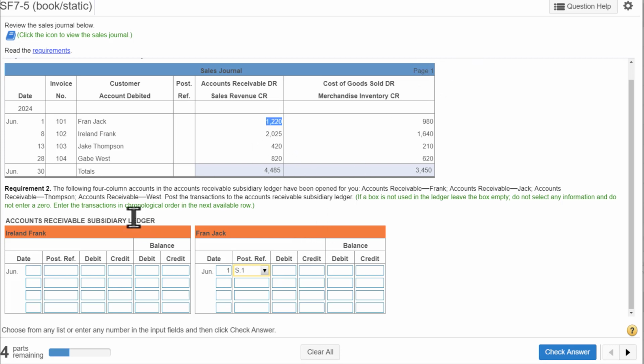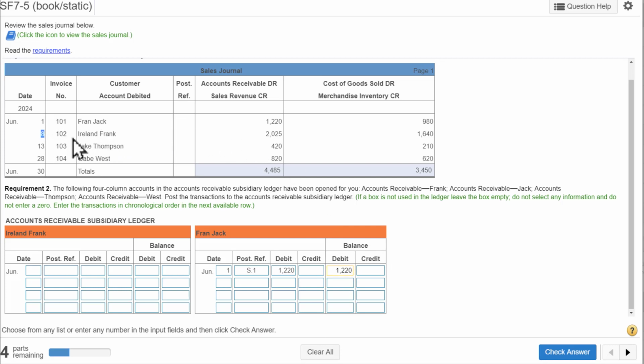Now, remember, this is the AR subledger, so we're only posting accounts receivable. So here's accounts receivable. Notice it says it's a debit, and that makes sense. When we sell something, AR is going to be going up with a debit. So we're going to copy and paste this to the debit column. And our new balance, notice there was no previous balance, so the new balance is the same.